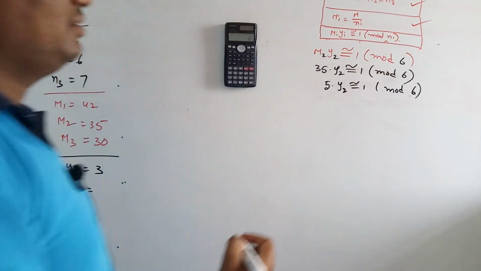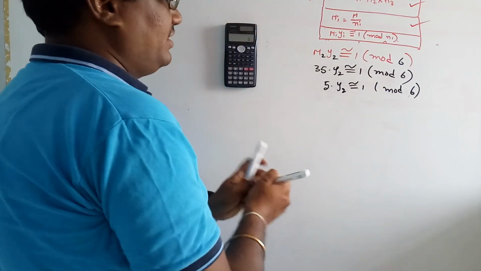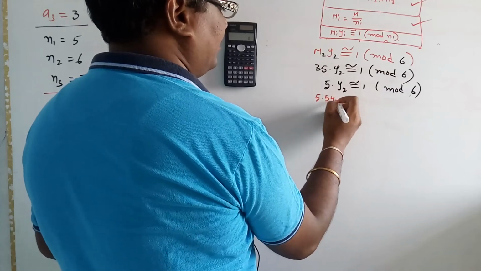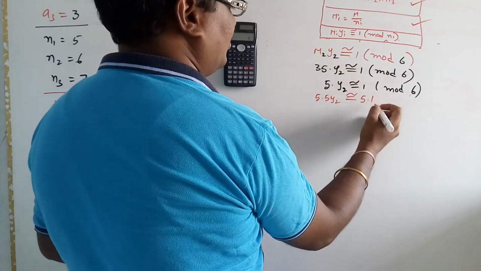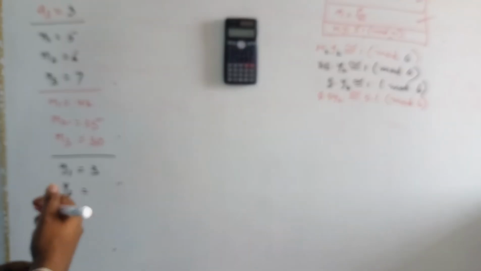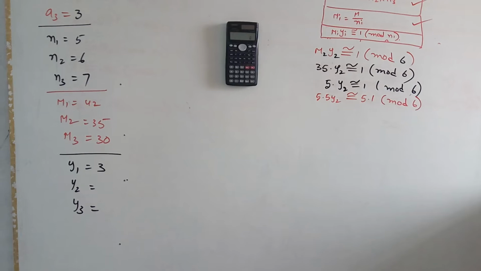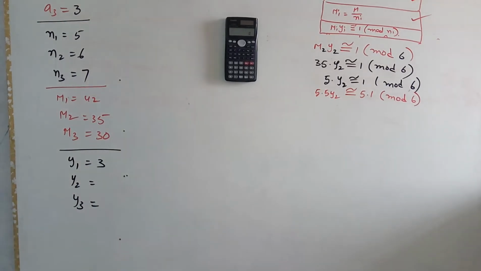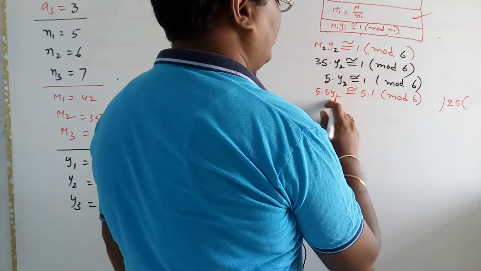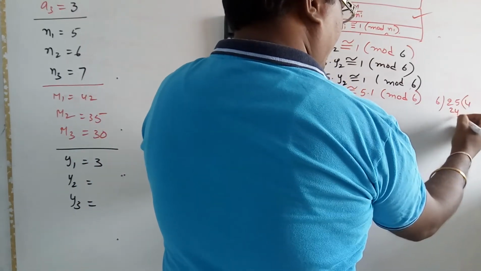Multiply both sides by 5: 5 into 5 is congruent to 5 into 1 mod 6. 5 fives are 25; dividing by 6, 6 fours are 24, remainder 1.